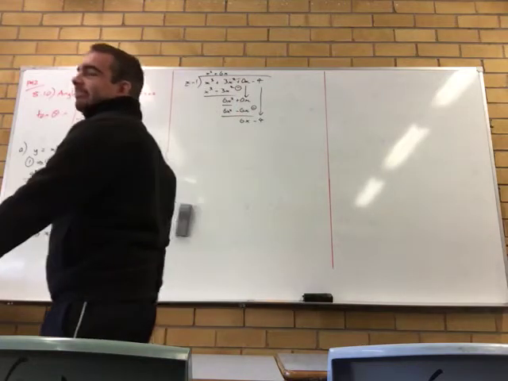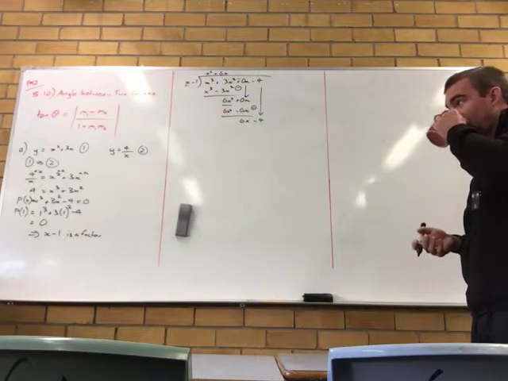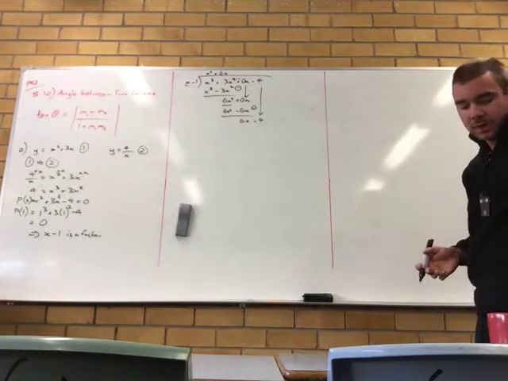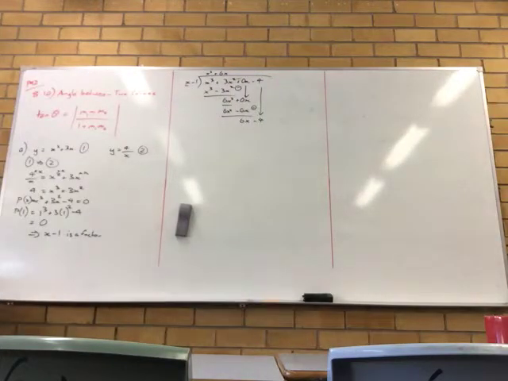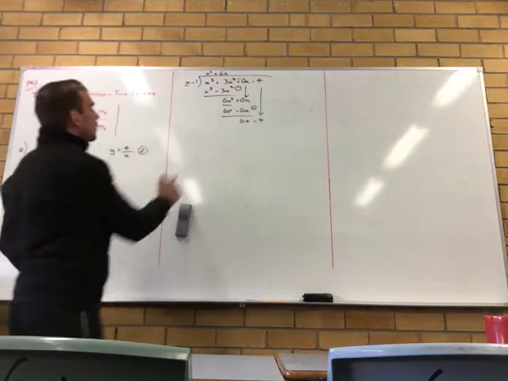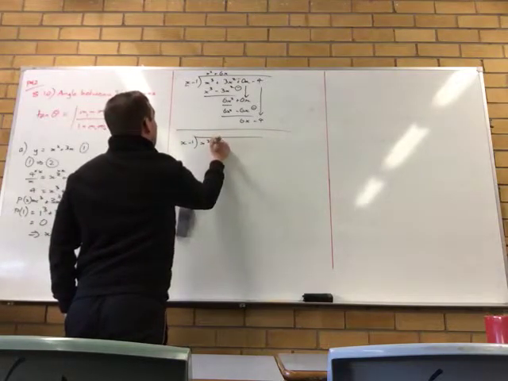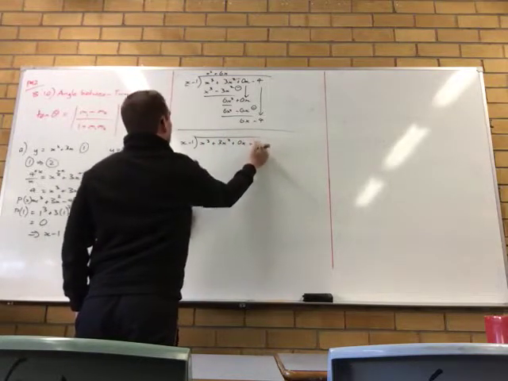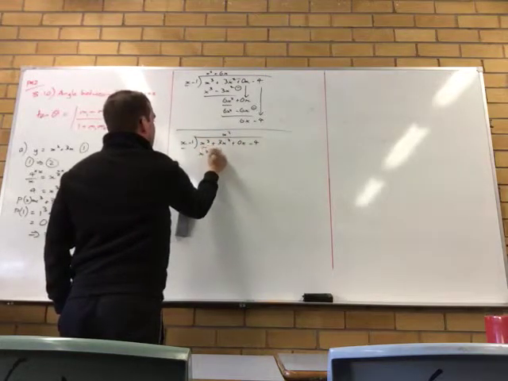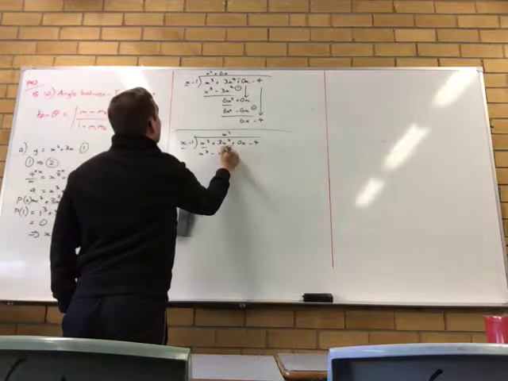Something's wrong. Should get a remainder of 0, shouldn't I? Why put that there?